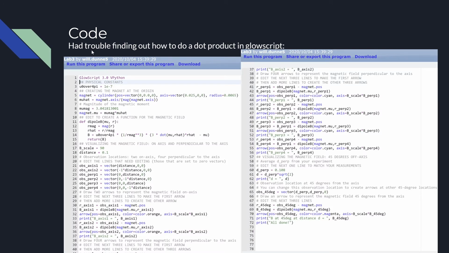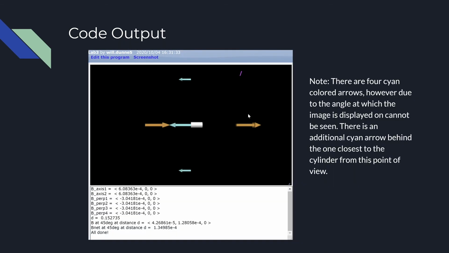So my code, I did initially have trouble figuring out how to do a dot product in GlowScript. However, that problem was eventually solved. My code is below. I have defined a function to find the dipole field of a magnet given mu and given a distance, and then my code outputs the below image, or the image displayed now.